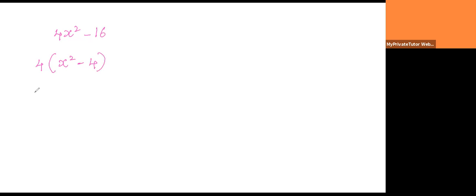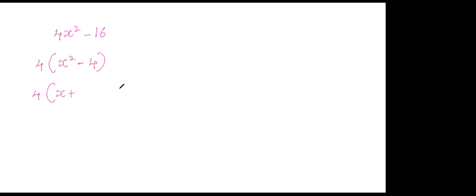And x square minus 4 is x plus 2 and x minus 2. Which is the same as this answer. But for most of the questions we can't do this. For this question, this is also a correct answer.